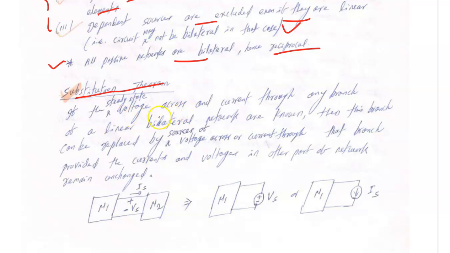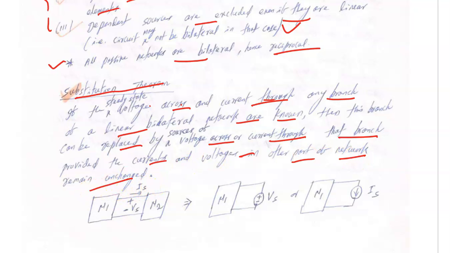If the steady state voltage across and current through any branch of a linear bilateral network are known, then this branch can be replaced by a source, either a voltage source or a current source, provided the current and voltage in the other part of the network remain unchanged.